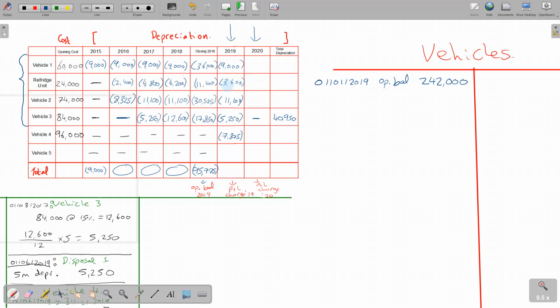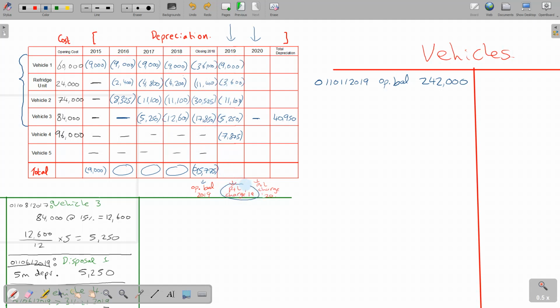So that is 15% of 24,000. Remember this figure is 6 months of 4,800 and 6 months of 3,600. So that's where this comes from. And that's that. So that's 2019 done.